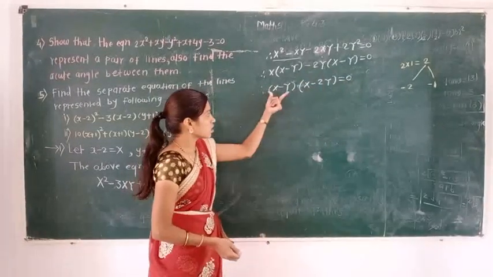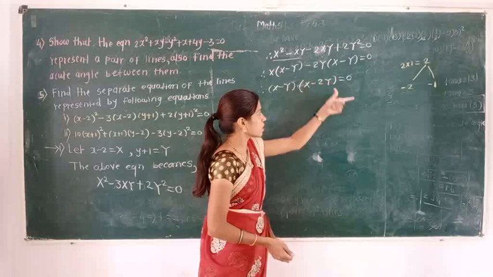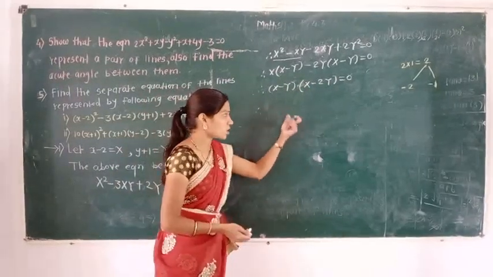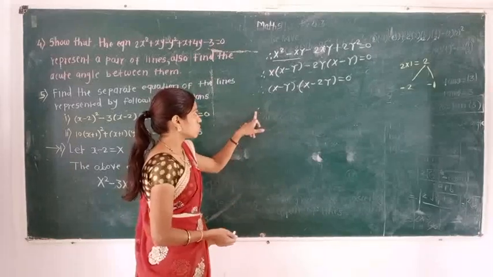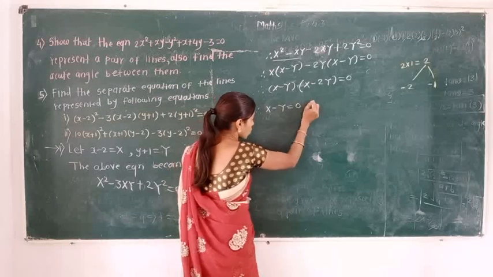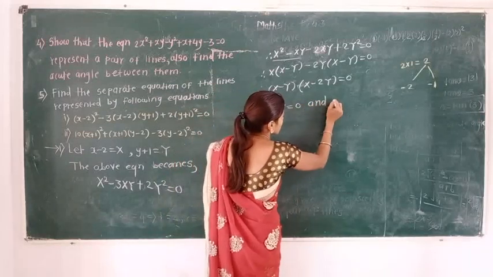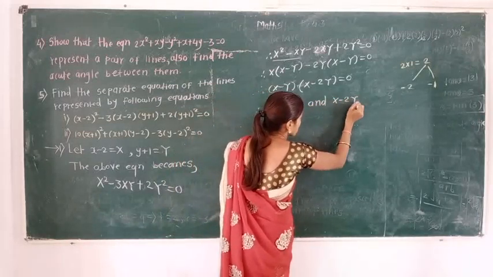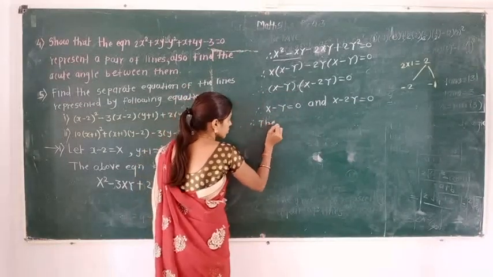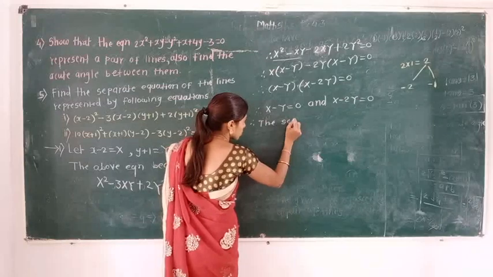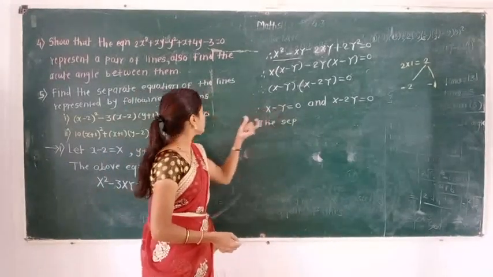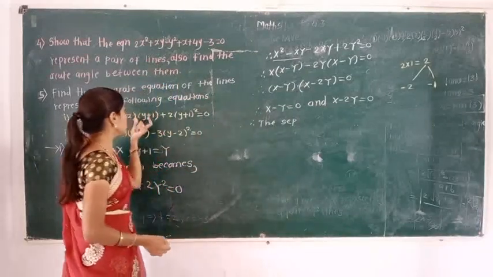In that case either the first bracket is 0, otherwise the second bracket is 0. So these are the separate equations: x minus y is equal to 0 and x minus 2y is equal to 0. These two are the separate equations, but the given equation we have to give in small letters.